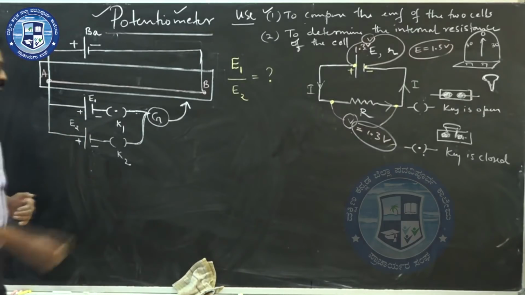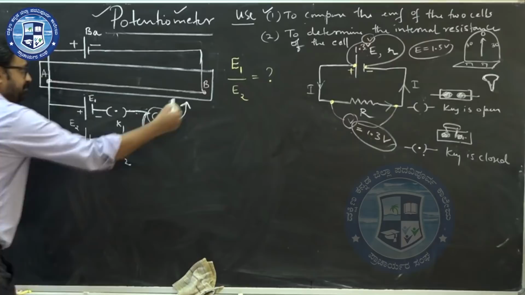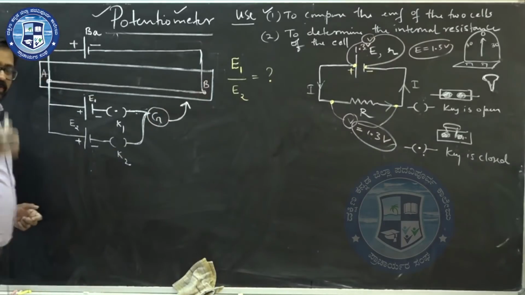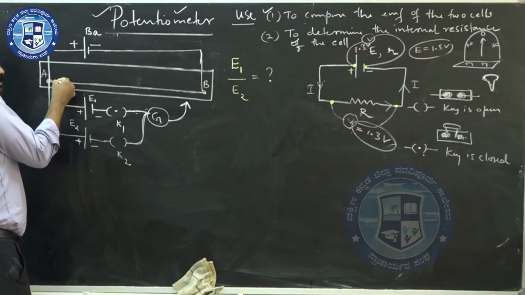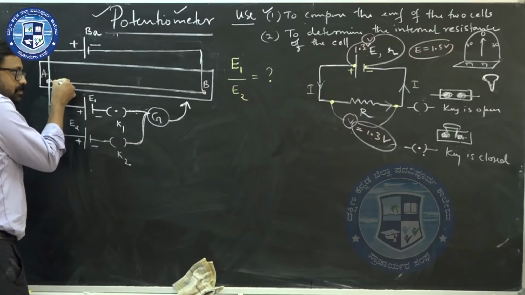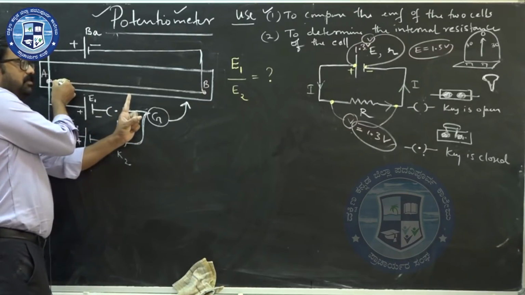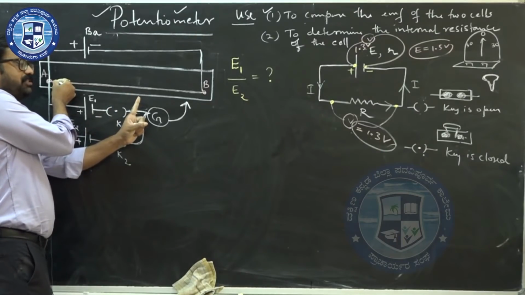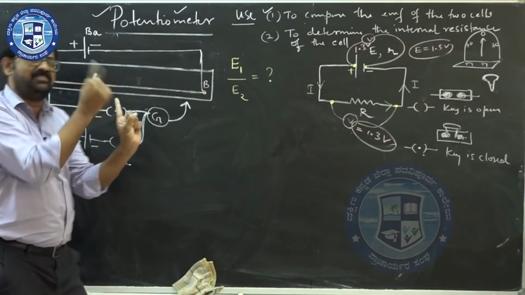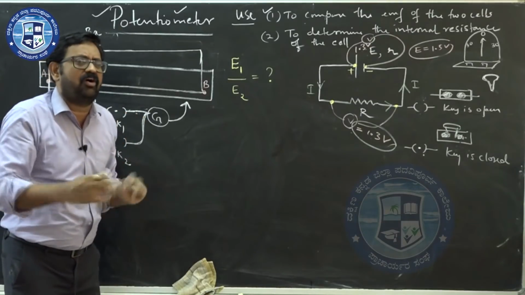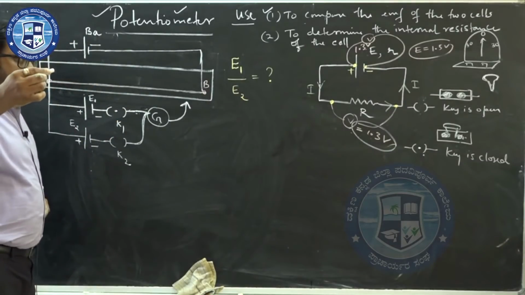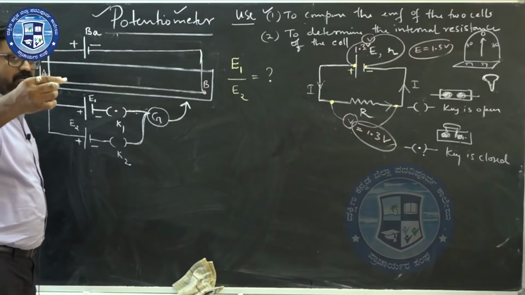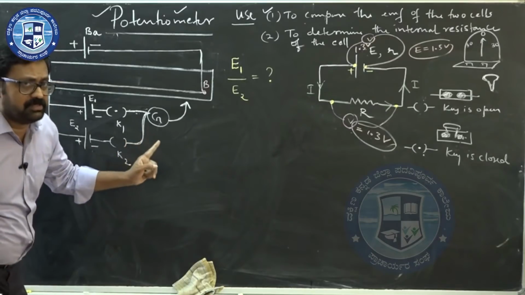K1 is closed. Then take that pointer, that sliding contact, whatever you call it. Keep the pointer in contact with the wire fixed between A and B near end A. We expect the pointer in the galvanometer should show a deflection to one side of the zero, either left side or right side. Then remove the sliding contact from the wire and the deflection will become zero.